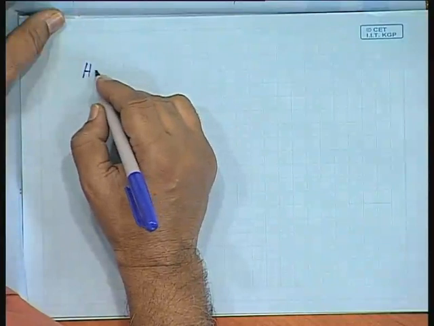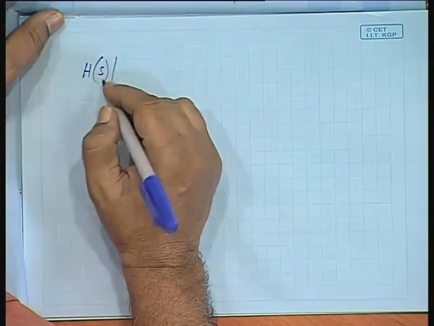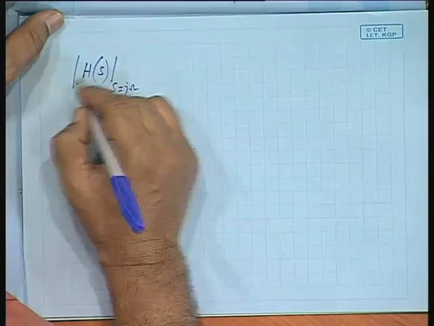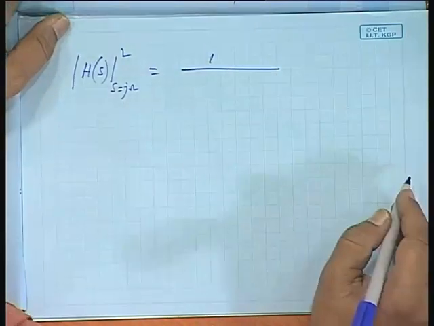Sometimes the specifications are given in decibel gain. So, we may be given, say, the magnitude of H(s) at s equal to j omega in the pass band.